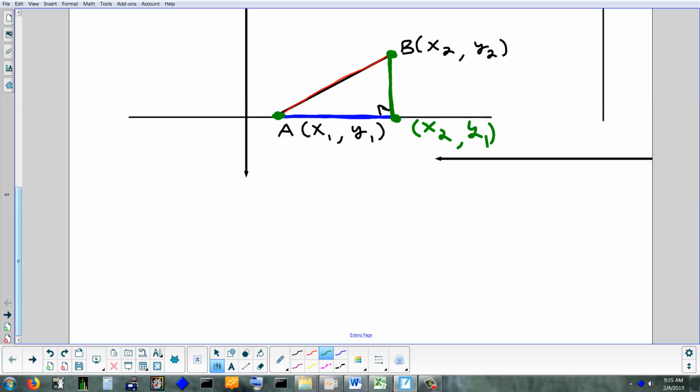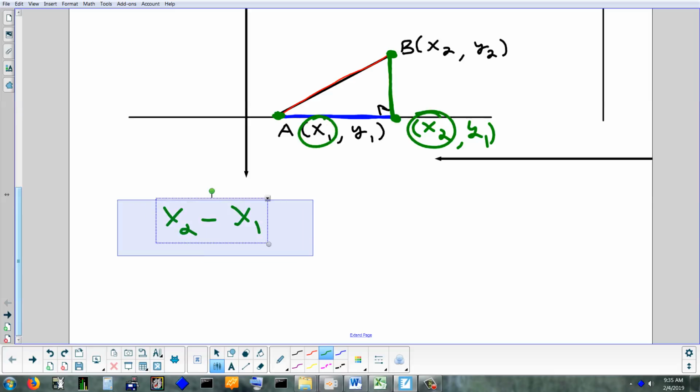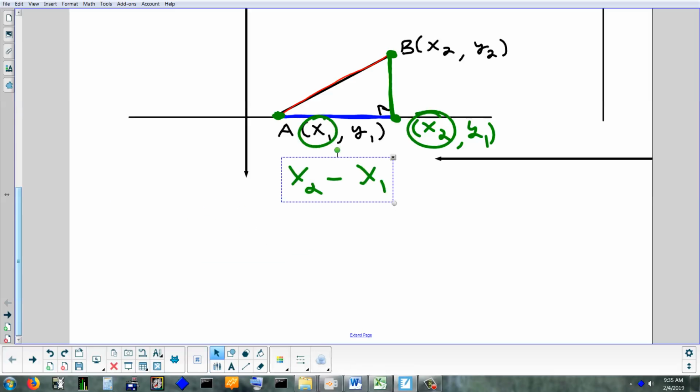Like if I said something's at 12 and something's at 5, and I want to know how far apart 12 and 5 are. Subtract. So you're going to take the x value here minus the x value here. And let me put it right here. That's the length of the bottom side: x2 minus x1.